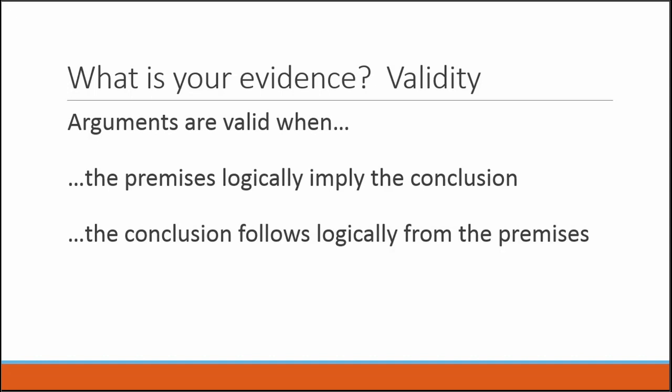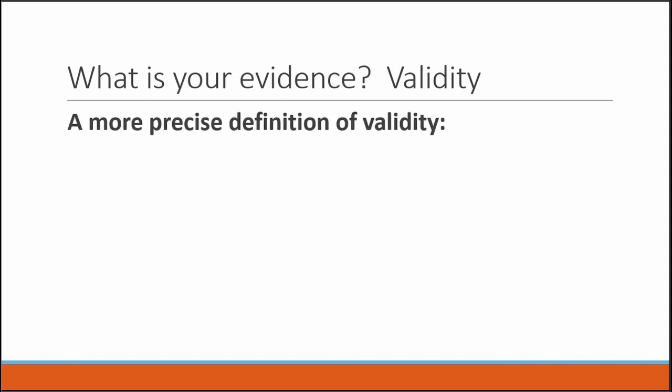How do we know when the premises imply the conclusion? How do we know that the conclusion follows logically from the premises? In order to figure that out, we need a more precise definition of validity. A more precise definition of validity is going to tell us how we can figure out when the premises imply the conclusion, when the conclusion follows from the premises.